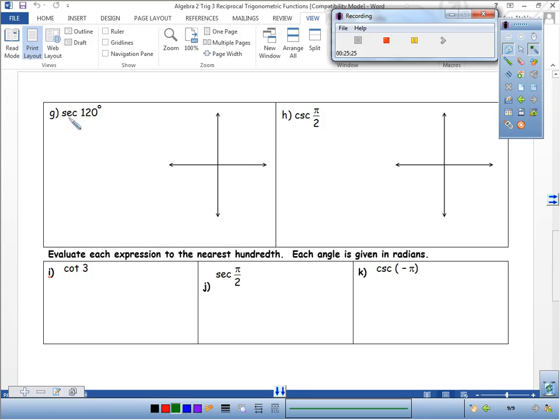Okay, 120. Secant of 120. So let's graph it. Let me write it in. 0, 90, 180, 270, 360.